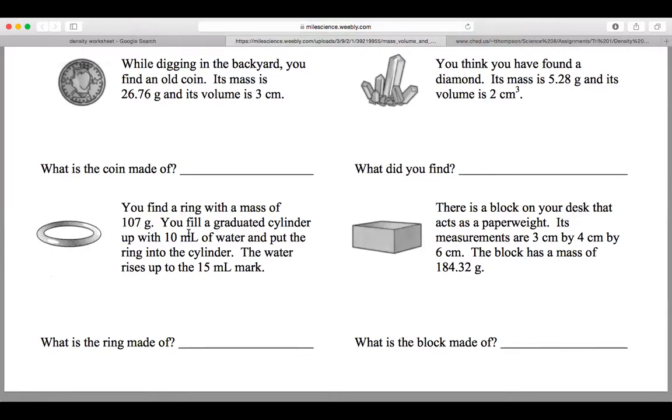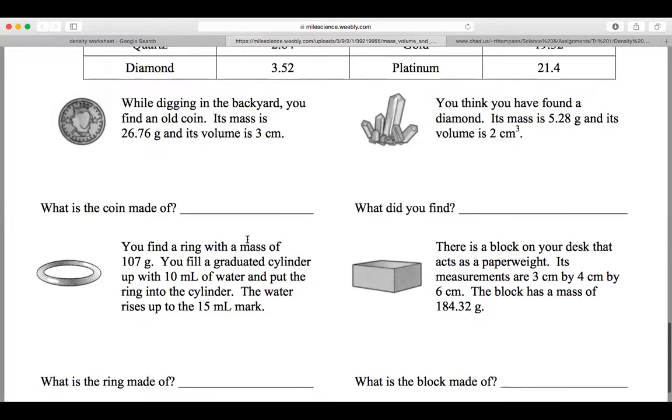I fill a cylinder up to 10 ml of water. I put the ring in and the water rises to 15. So what is the volume of the ring, Kavishka? From 10, it rises up to 15. 5. So that is the volume of the ring.